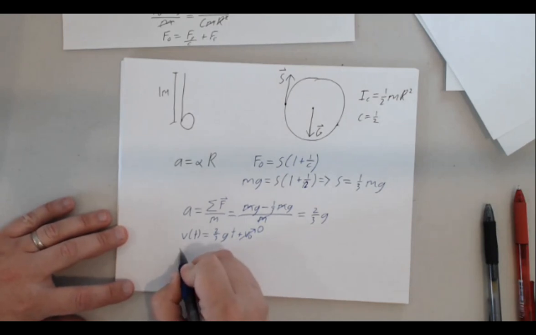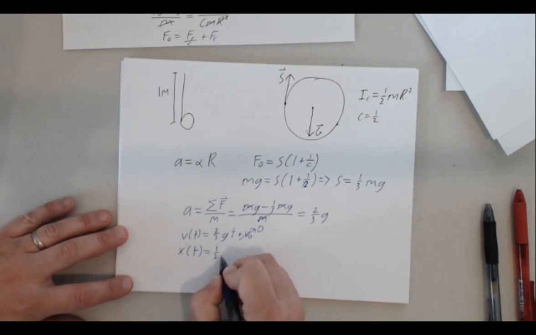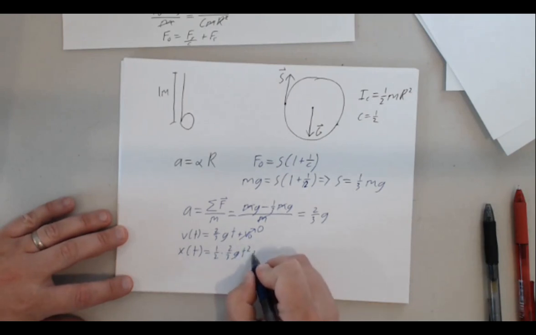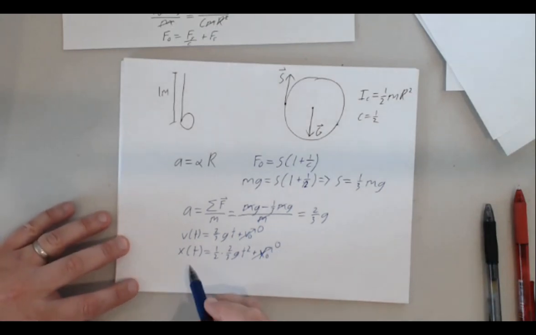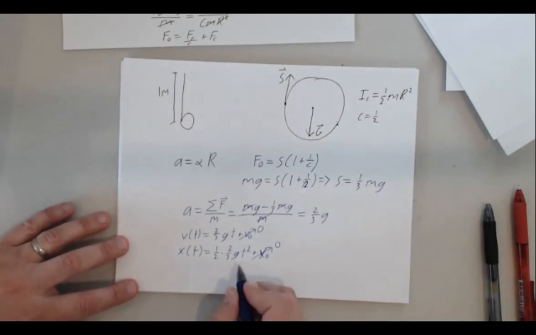And my position as a function of time is just 1/2 times 2/3 g times t squared plus my initial position, right? Which I'm going to call 0. And I want to know how long it takes me to get to 1 meter, right?